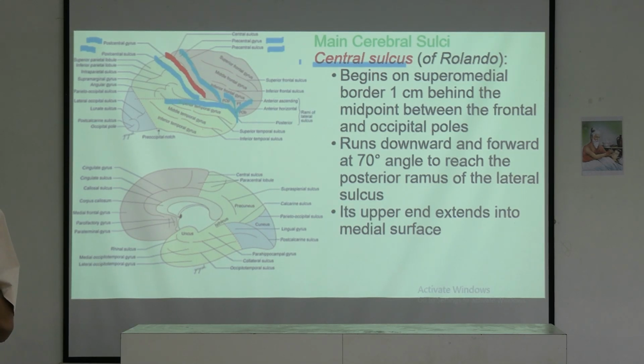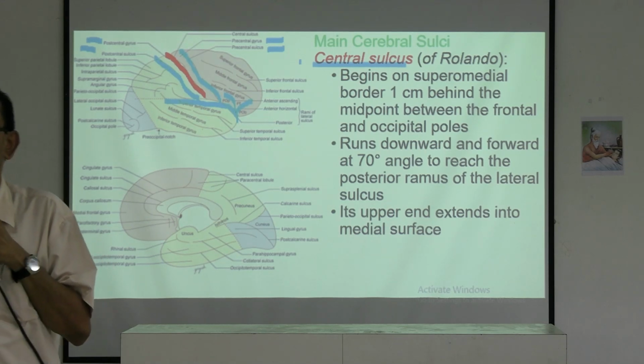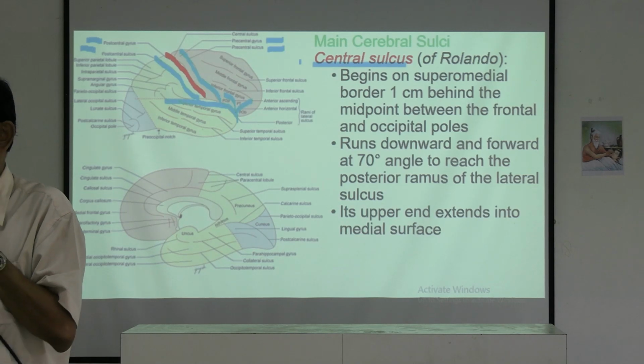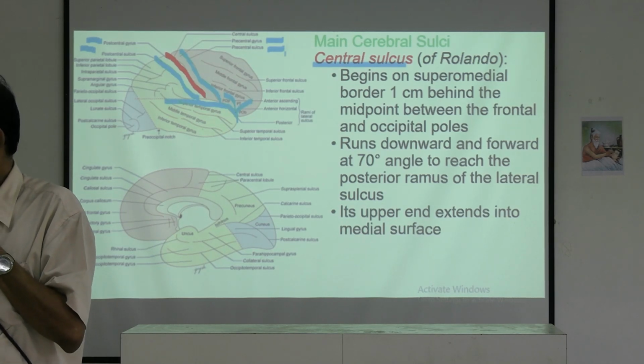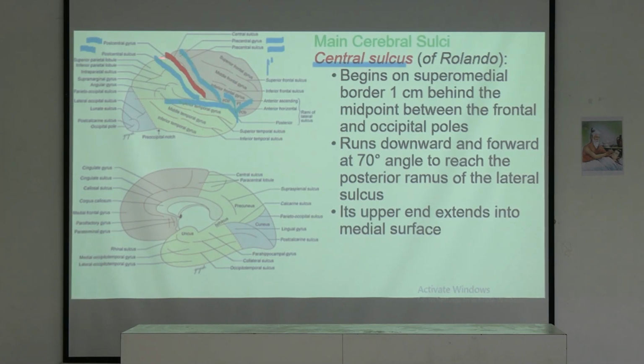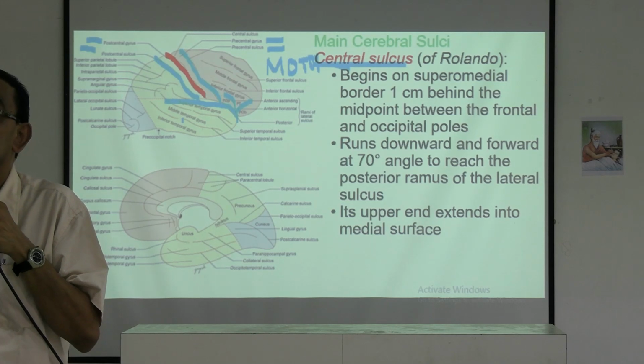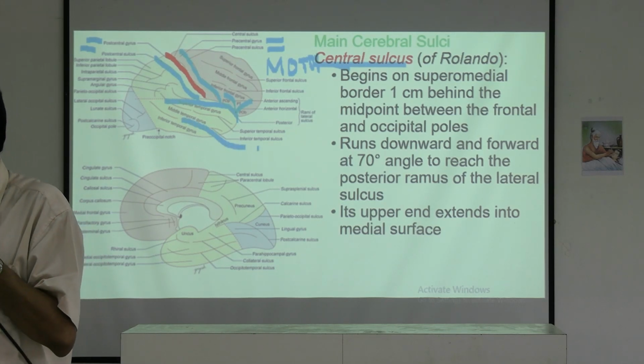Grossly, you can remember one thing, that this frontal lobe is concerned with the motor activities, whereas this parietal lobe, which starts from this central sulcus onwards behind, is concerned with general senses.